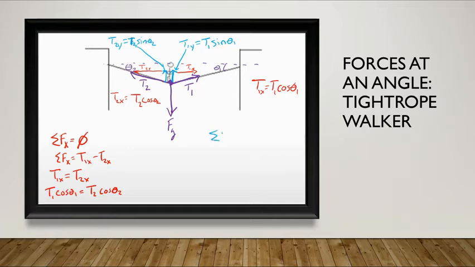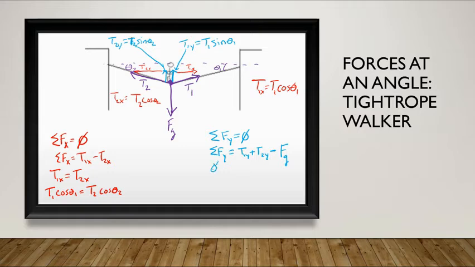Our sum of forces in the y direction is equal to 0 again. So let's look at what we have. We have tension 1y plus tension 2y, and those are balanced out by minus my force of gravity, which is mass times gravity.